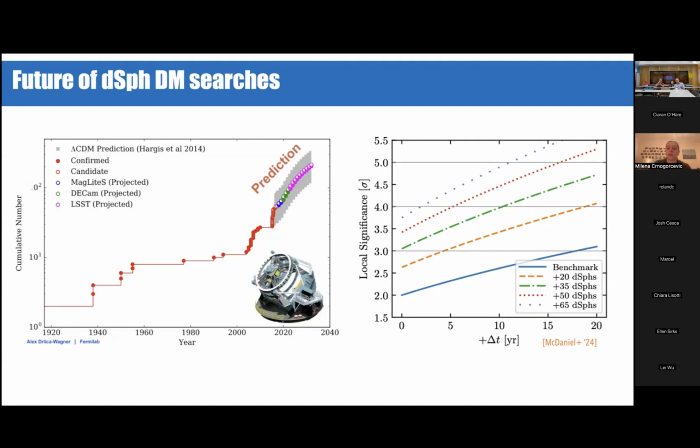So we see that for about 12 years of Fermi-LAT data, we can reach a 5 sigma significance if we get around 65 additional dwarf spheroidal galaxies, which, based on this plot, is doable. Now, this also relies upon, we don't only need to detect these dwarf spheroidal galaxies, we also need to characterize those J factors. And that also brings in a little bit of uncertainty when it comes to the plot on the right.